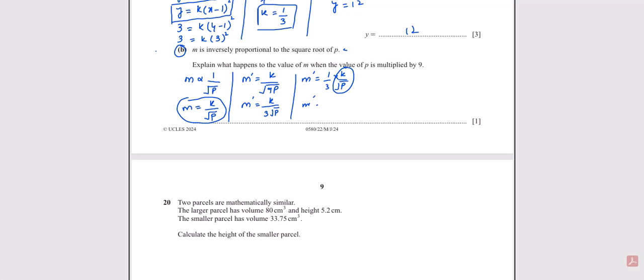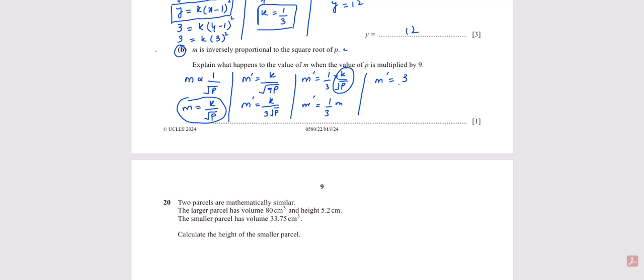So M dash is equal to 1 by 3. Multiply these values, we get M dash is equal to M by 3. So this shows that the value of M is divided by 3.